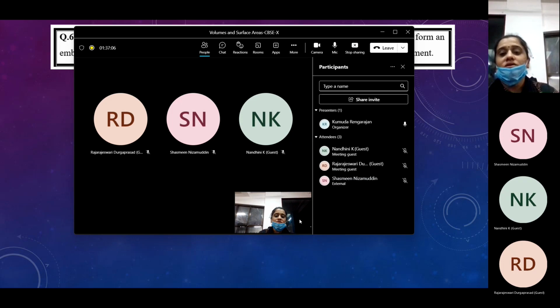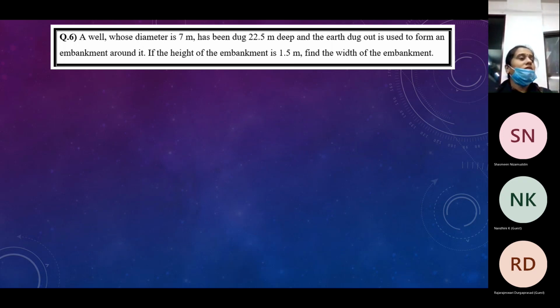Yeah, online students, if you do not have the correct idea, please listen to me now. Children, a well whose diameter and depth are given. So it's a cylindrical well, right? For the well, you know the radius and the depth.